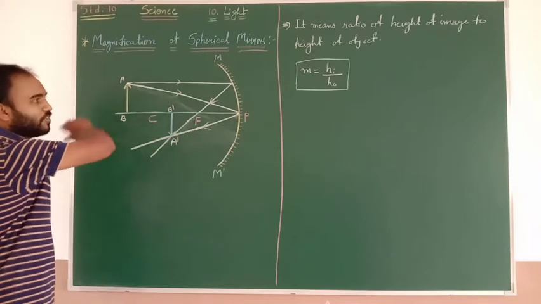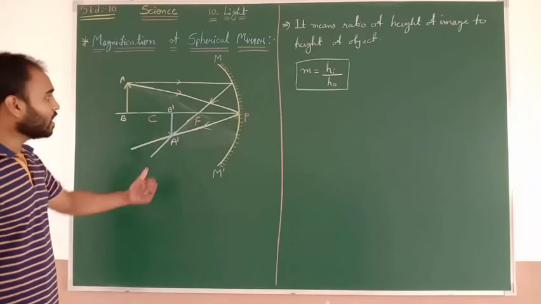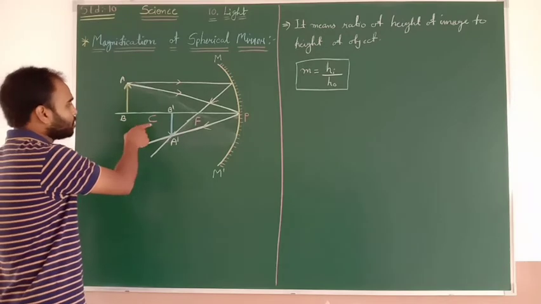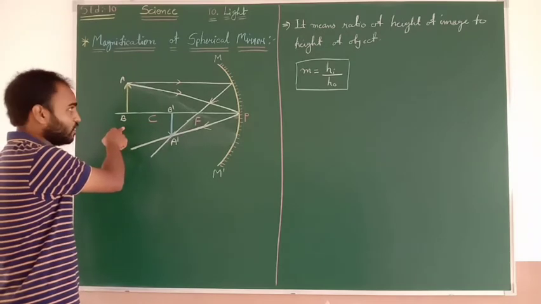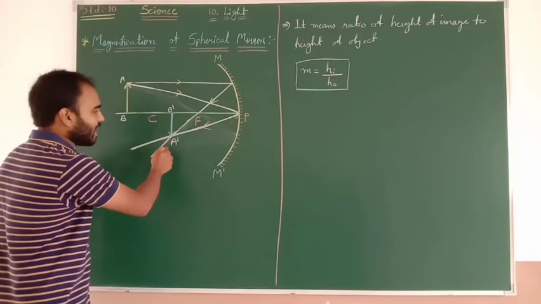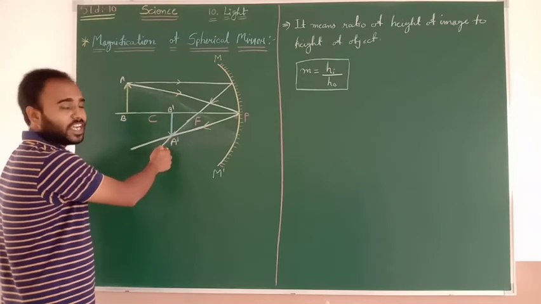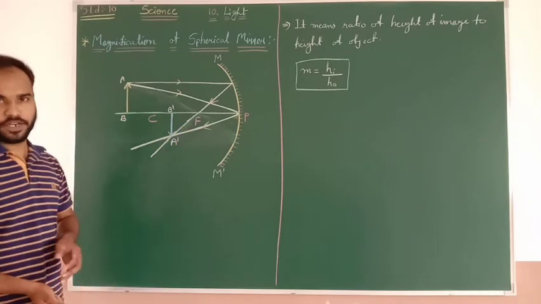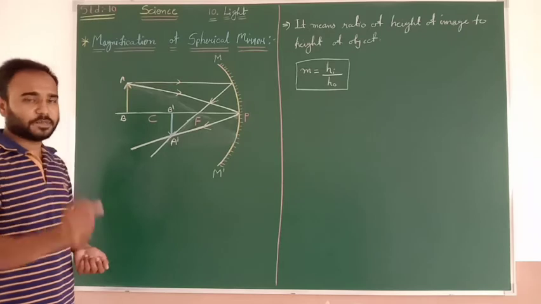First of all, we have drawn the figure over here where the object is kept beyond the center of curvature. So we are getting its real and inverted image between the center of curvature and the focal point or principal focus.